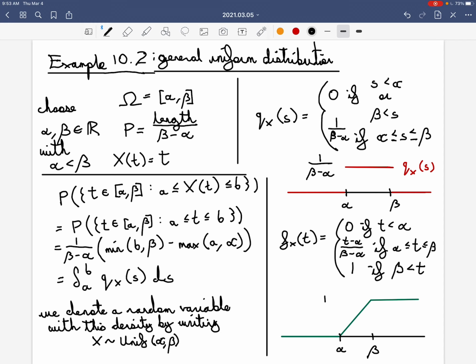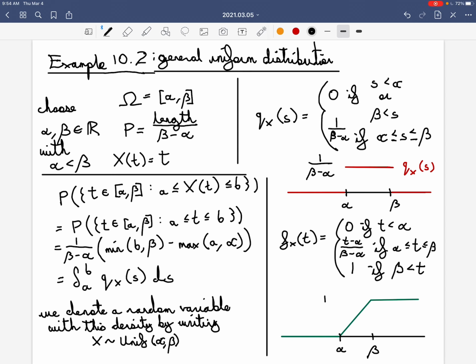And again, because densities are the primary way of thinking about continuous random variables, when we're dealing with the general uniform distribution, rather than introducing sample spaces and underlying probabilities, we're just going to write X is distributed like Uniform(alpha, beta).